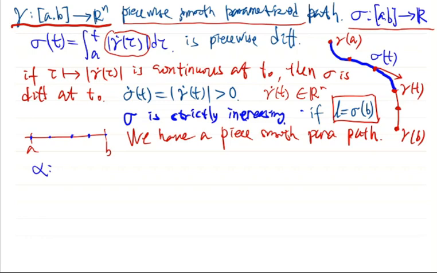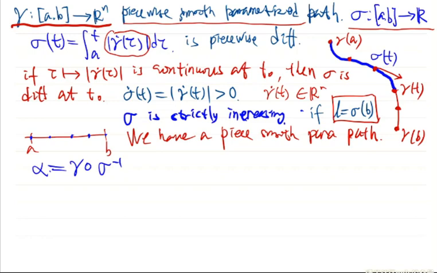Then this alpha is the composition of gamma and the inverse of sigma. Why can we write the inverse of sigma? Because sigma is strictly increasing. It is a strictly increasing continuous function. Therefore, it has an inverse function, and this inverse function is also strictly increasing and also piecewise differentiable.